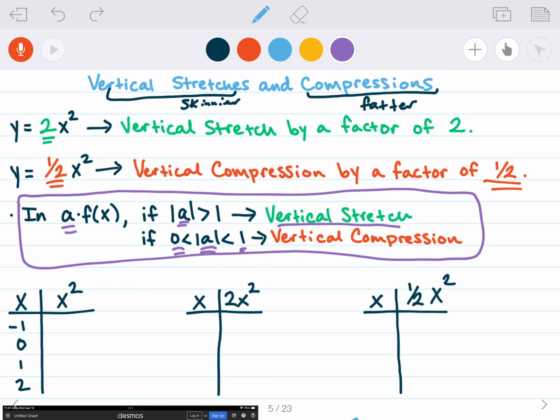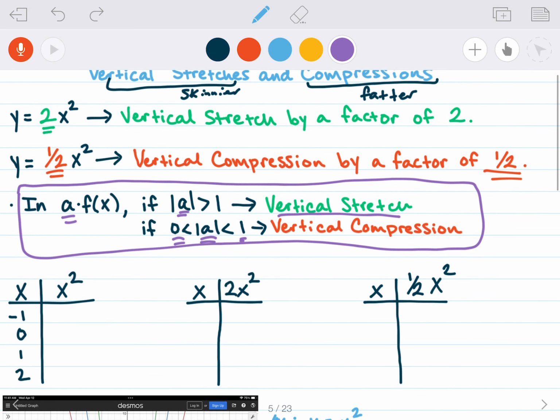So let's take a look at this in action with our tables. Again, I'm just using that boring parent function x squared, and I know how to fill out this chart. It's going to be 1, 0, 1, and 4, just like it was before. And vertical stretches and compressions don't affect the input in any way. We're taking the output of a function and multiplying it by some number.